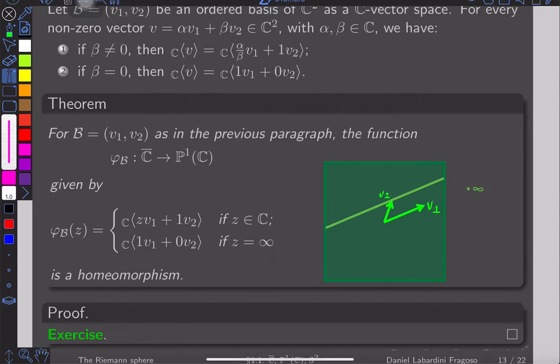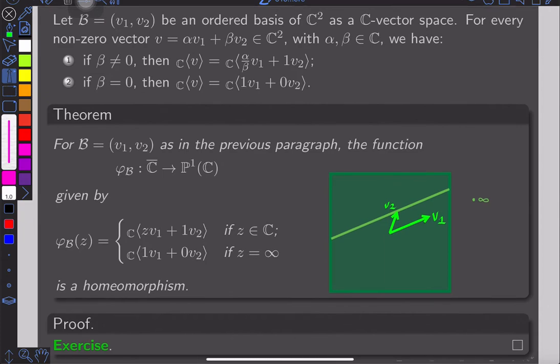Of course I cannot draw C2, I mean it's 4 real dimensions. So what I do is I only draw R2, or if you want, only the real parts of the vectors.